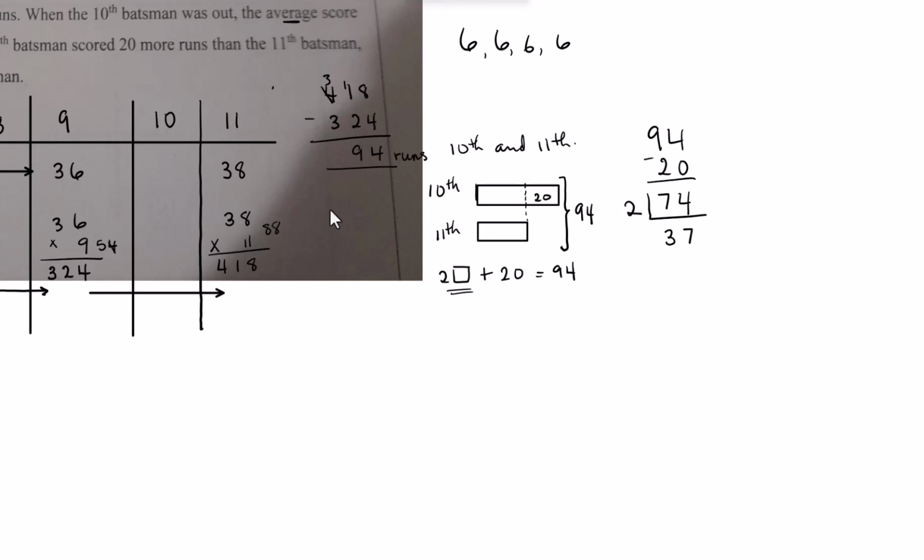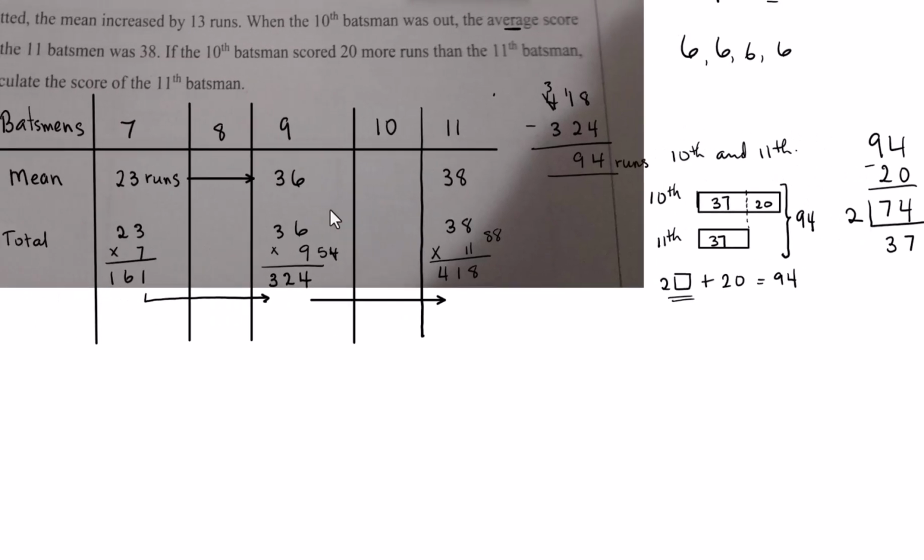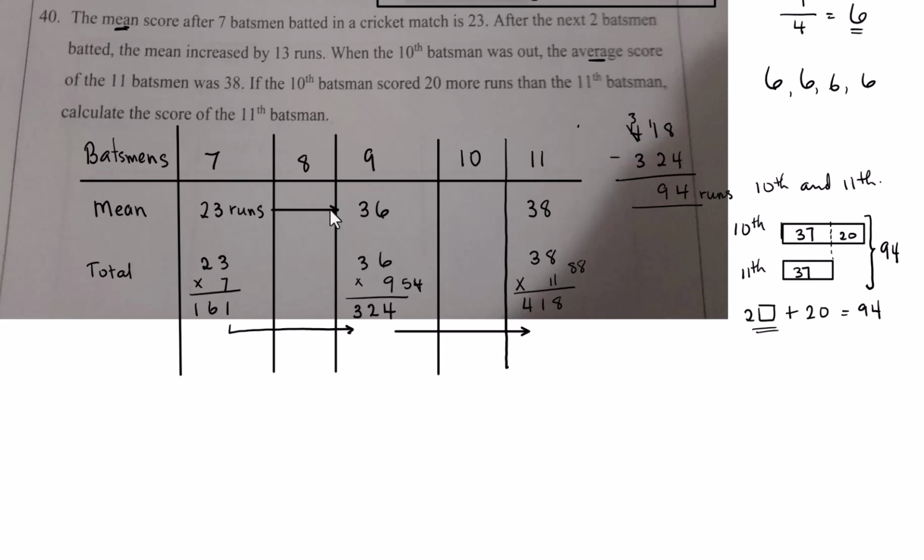Here we get 37. 37 runs. This means that the 11th batsman scored 37 and the 10th batsman scored 37 plus 20, which would be 57 runs. The question is asking, calculate the score of the 11th batsman. The 11th batsman scored 37 runs.